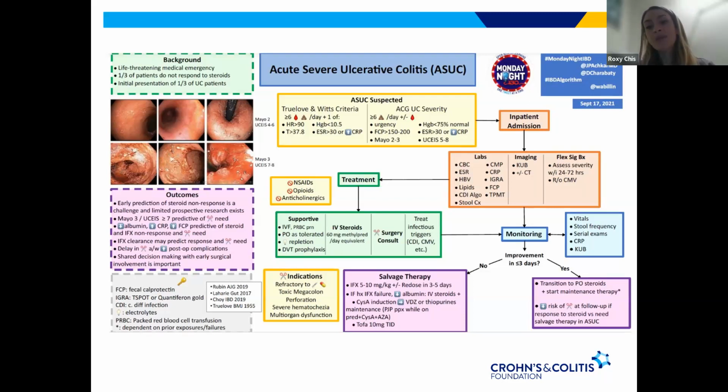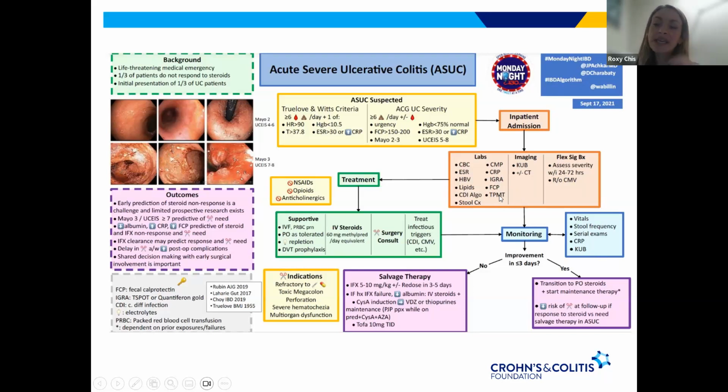And so we start off with our slew of laboratory investigations, which is what we talked about. So a CBC looking for anemia and elevated white count, an ESR and CRP as a marker of inflammation, and stool cultures, like I mentioned previously. And then the other things that you see here under labs, if you're following along, is a test for hepatitis B, an IGRA for TB, and a TPMT.